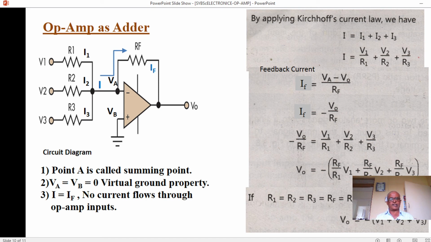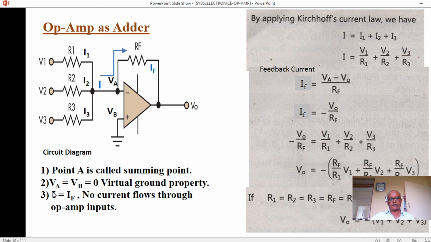So point A is called the summing point, because at this point the component currents are added, that is I is equal to I1 plus I2 plus I3. Hence it is called a summing point, where the sum of all currents is taken.